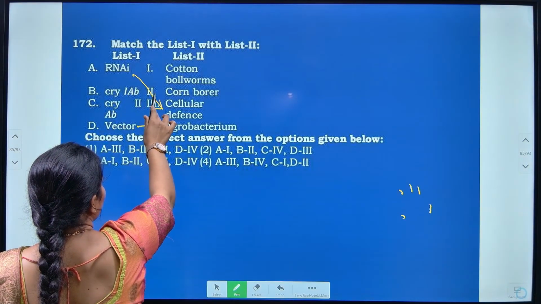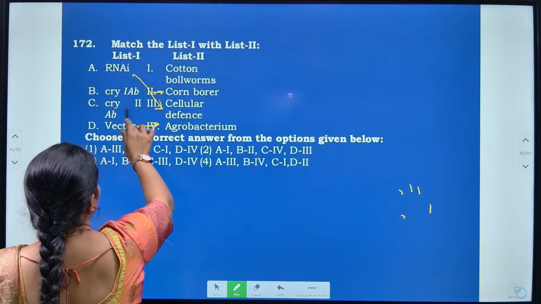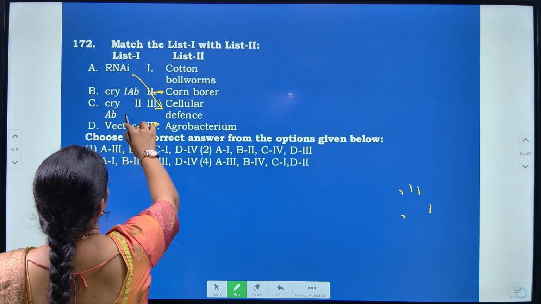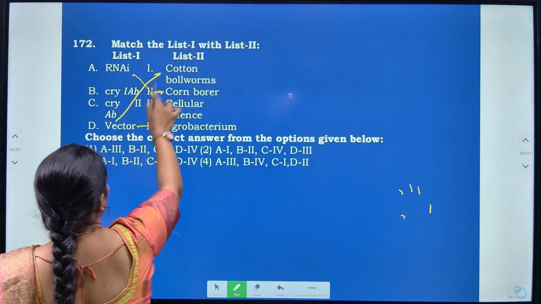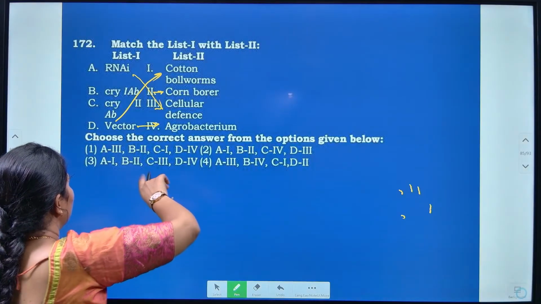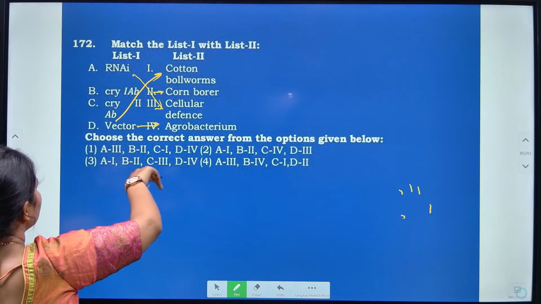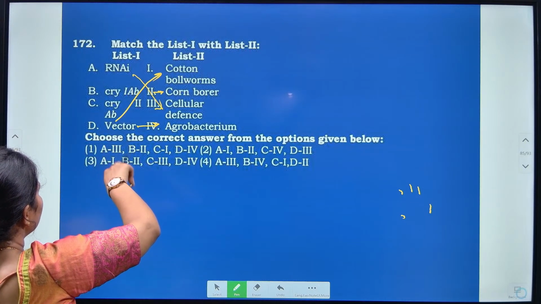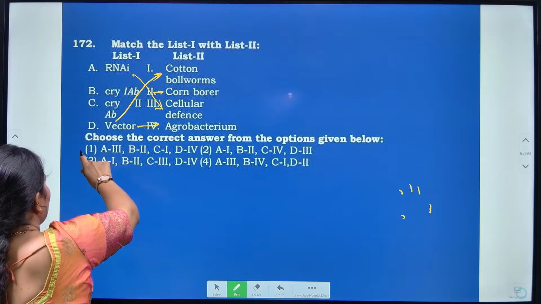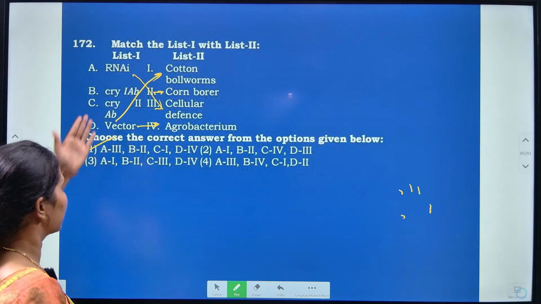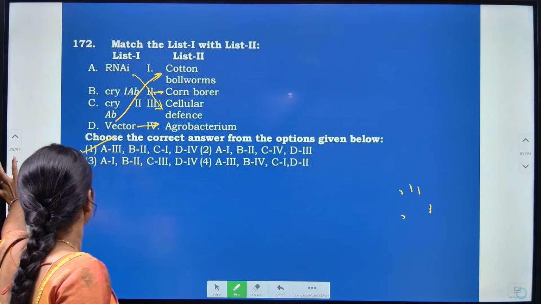Cry2Ab is going to be present in the cotton bollworms here. So C with 1, and D with 4, A with 3, and B with 2 here. So I think option 1 is going to be the correctly matched one, right.